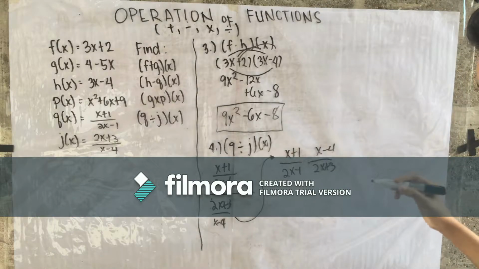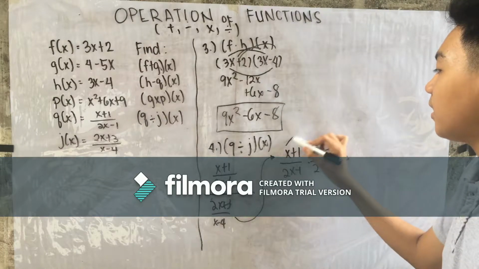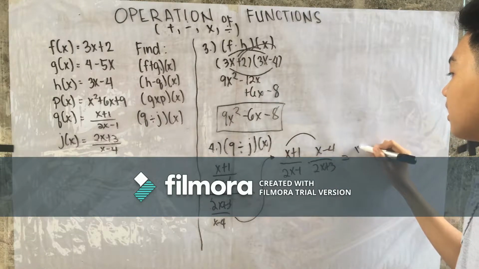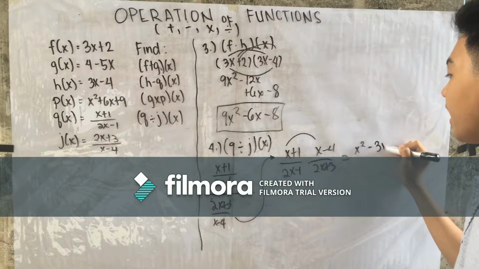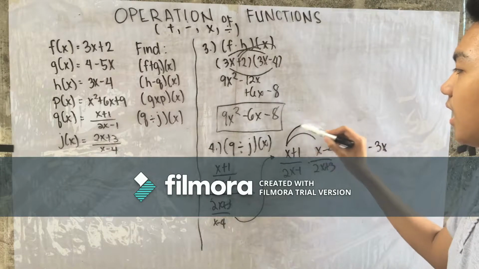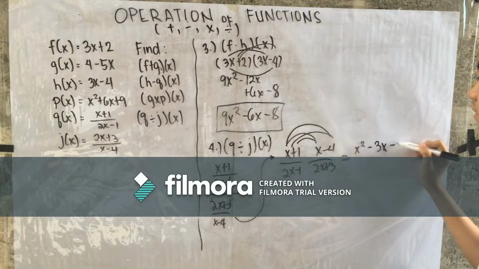So, i-times mo lang sila. So, ito magiging x squared minus 3x kasi outer tsaka inner is 3x. Then, last to last is minus 4.